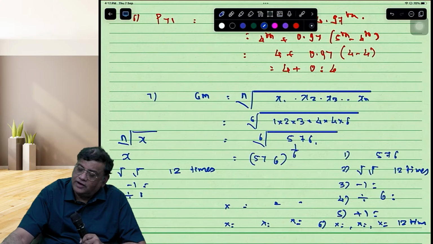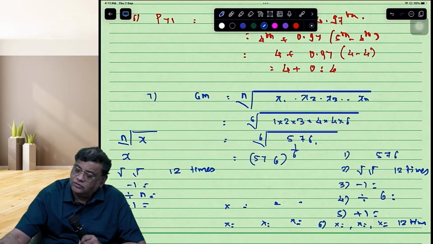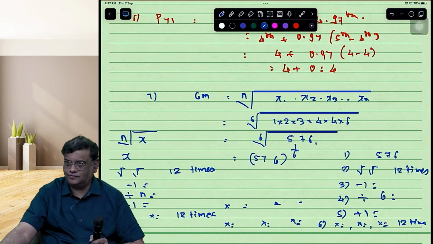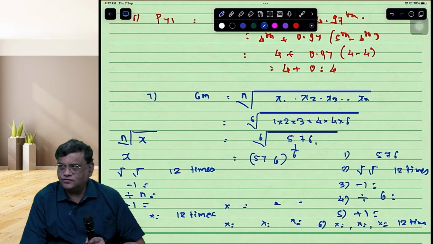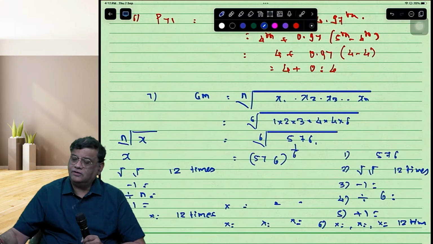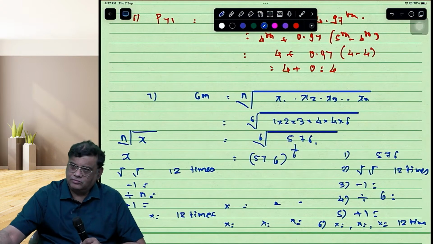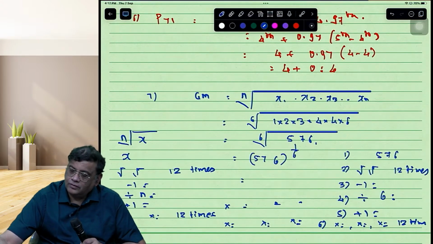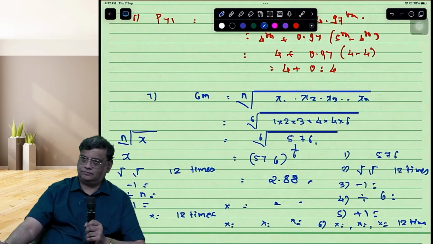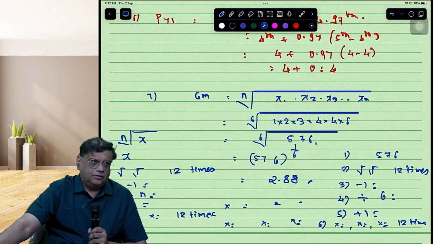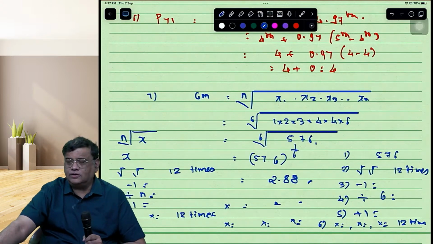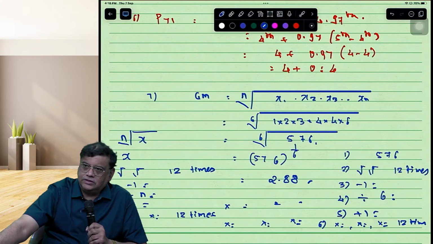Then you have to divide by that n, add 1, and then into equal to 12 times. That 12 times is always 12 times. And then you will get the sixth root. And then you would get a geometric mean. Now tell me how much is that? 2.88. ये geometric mean हो गया. So nth root of product is nothing but the geometric mean.